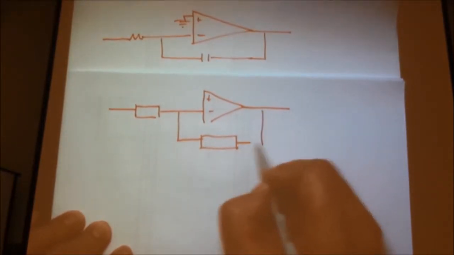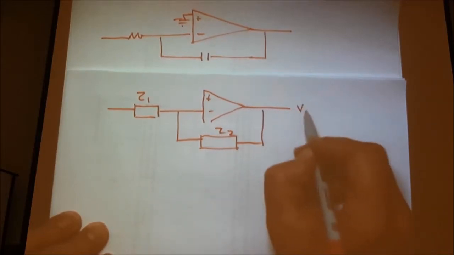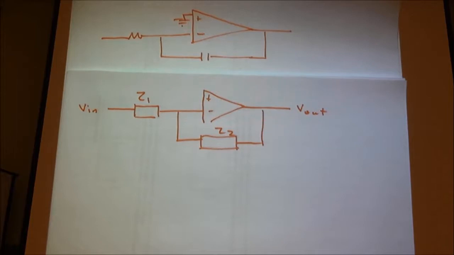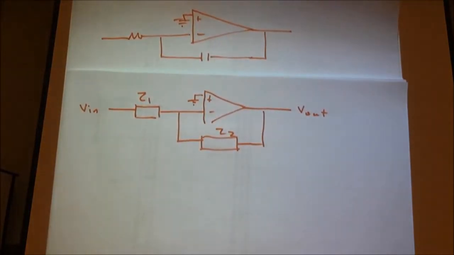In this case, we'll call them Z1 and Z2. And that's V out, and that's V in. And if this looks familiar, well, then you need to hang a little ground off the plus sign. It should look like our inverting amp.